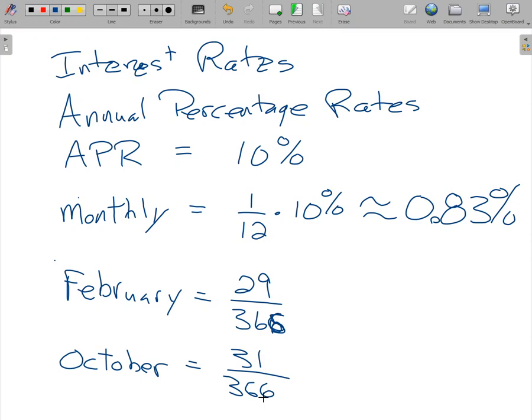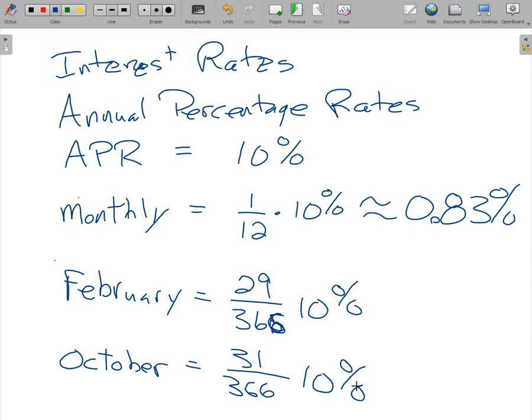Some people argued that was too complicated, so they said you can use any whole number between 361 and 366 for the number of days in a year. And this is actually in legal books. It's crazy. If you're curious, there's a law called the Federal Truth in Lending Law that lists out all those details.